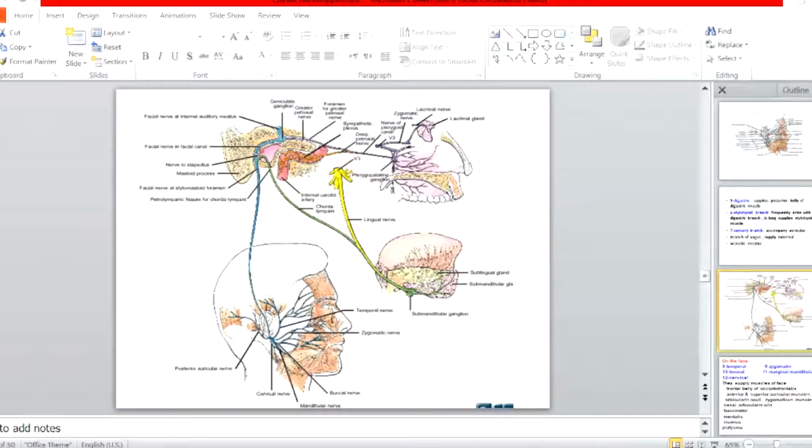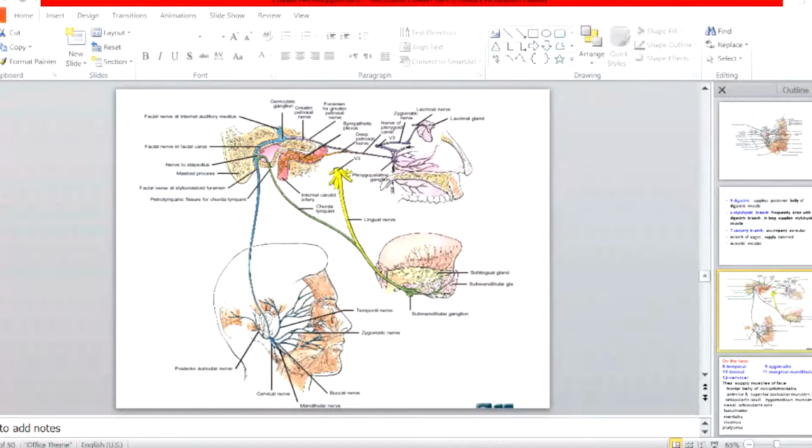So this is the third branch, after sensory and greater petrosal: chorda tympani. The chorda tympani branch again has two components, taste and preganglionic parasympathetic. So two nerves carry preganglionic parasympathetic: the greater petrosal carries some, and the rest are carried by chorda tympani.